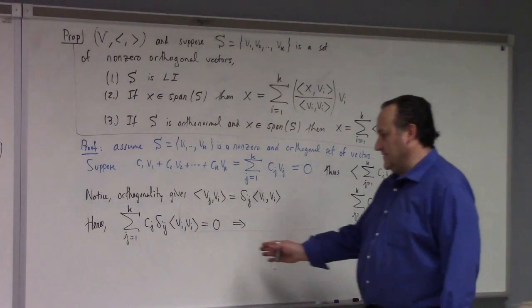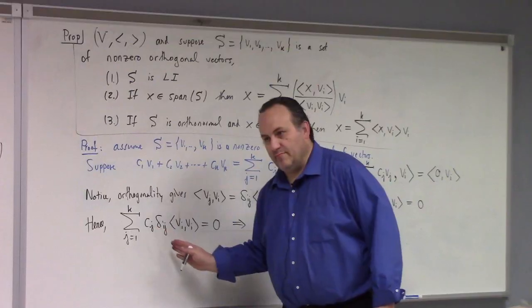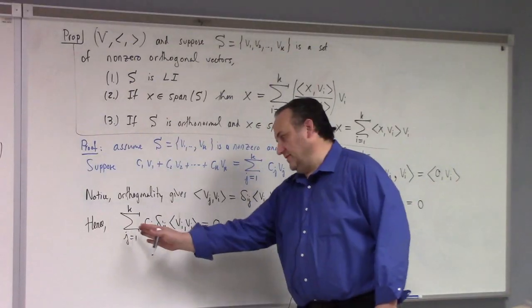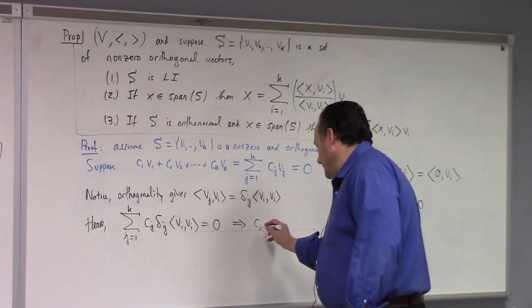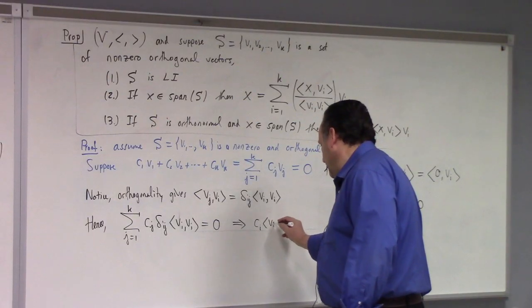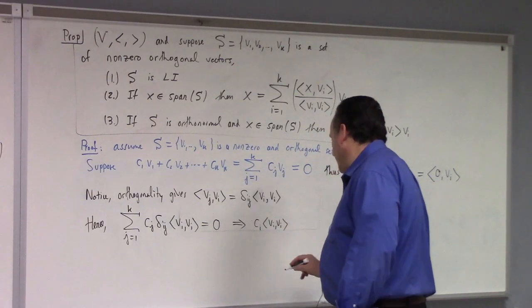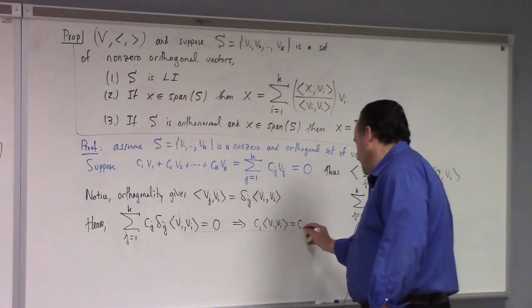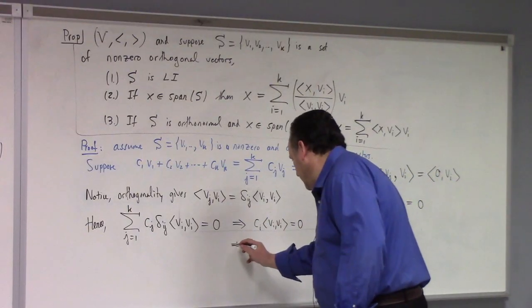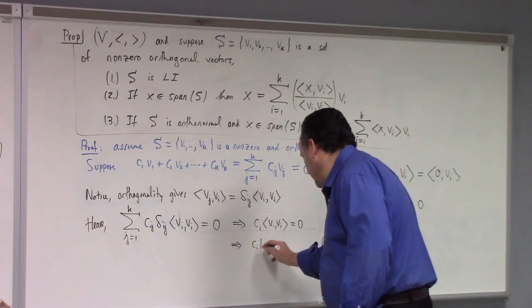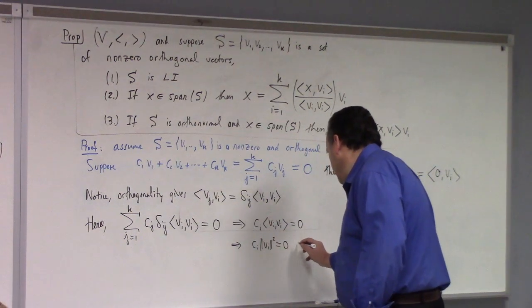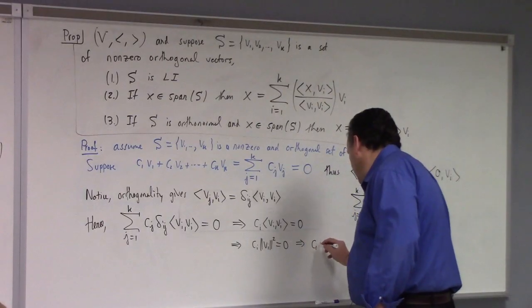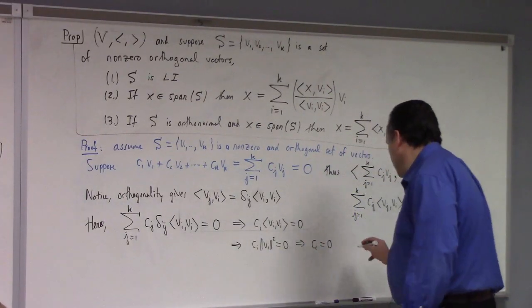Remember, the Kronecker delta is the natural enemy of the finite sum. I is a free index here. All that lives is the ith term. So we get Ci times the inner product of Vi with Vi, right? Equals 0. But that tells me that Ci times the length of Vi squared is equal to 0, which tells me that Ci is equal to 0.